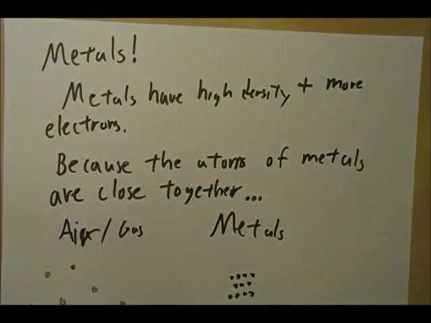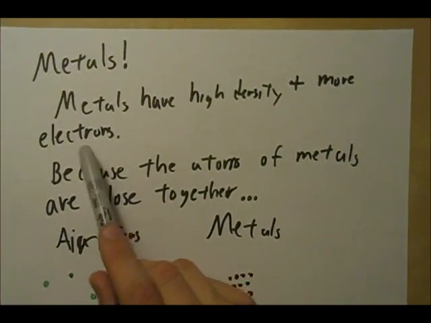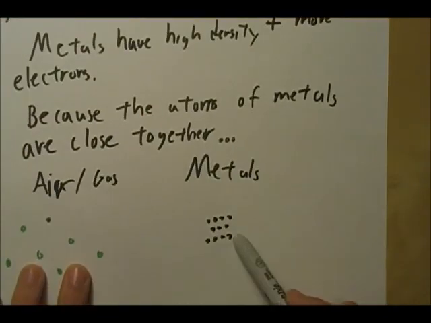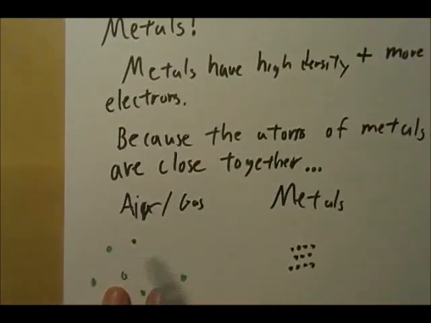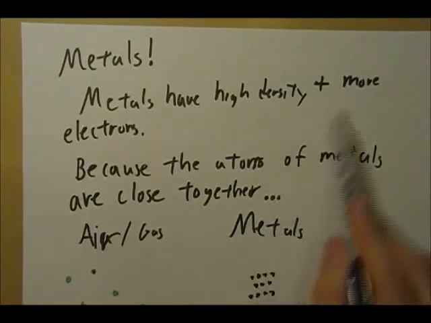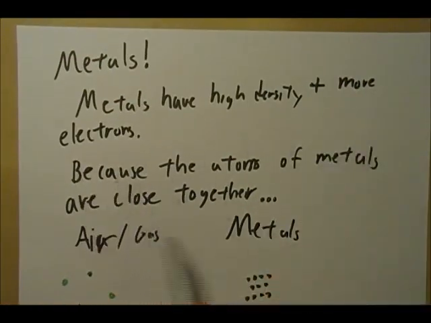And the answer is, kind of obviously, metals in general. Metals have two characteristics that make them ideal for sending electricity through them. One, they have high density, which means that there are a lot of atoms of metal close together versus air or a gas like xenon, and they have more electrons. I'll explain why more electrons is helpful.